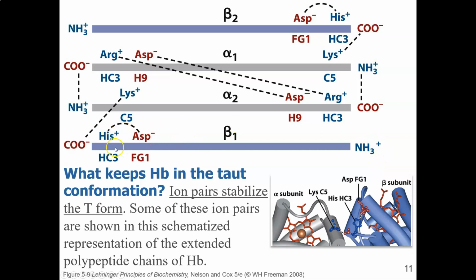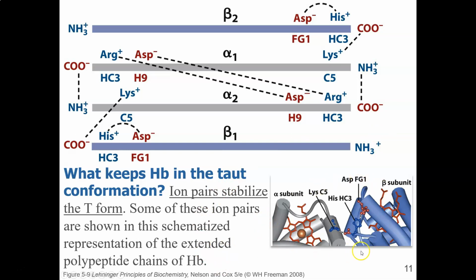So we can have ion pairs forming between a positive his and a negative asp, between the negative carboxylate and a lysine, between a carboxylate group at the end of one chain to the amino group of the other chain. So all of these are examples of ion pairs that can form, and ion pairs stabilize the T form.